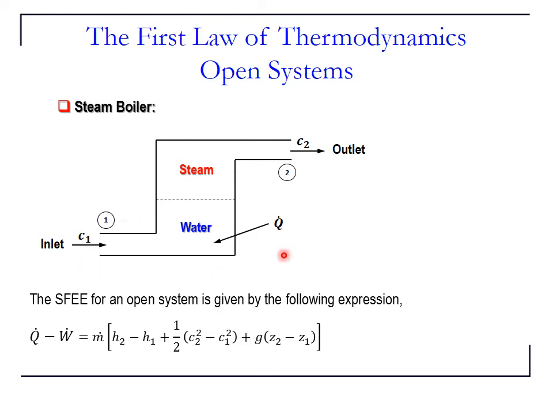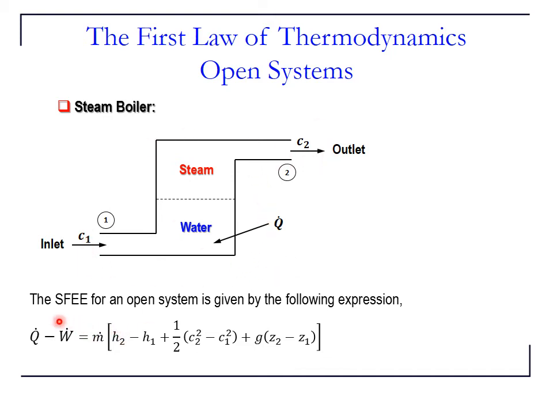You can regard this as a huge, massive heat exchanger. The water will gain heat and change to steam, which means that the heat transfer inside this unit is very important.